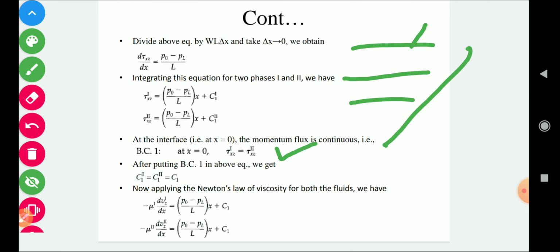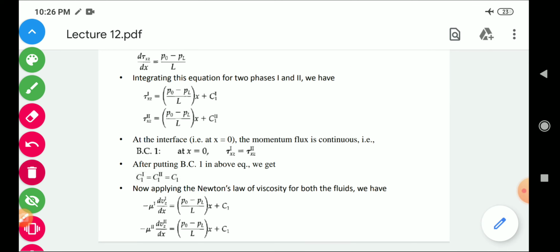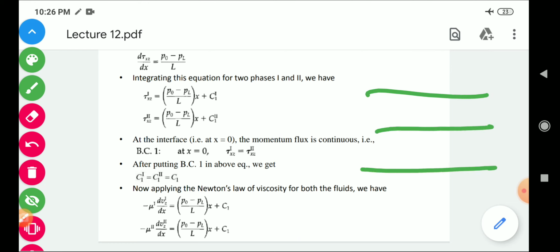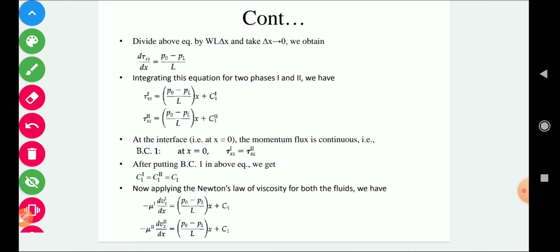So the momentum flux is a continuous function. Whatever trend it follows, the function is continuous. So at the interface, tau xz1 will be equal to tau xz2.